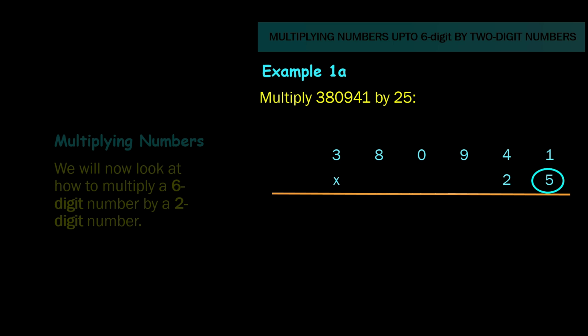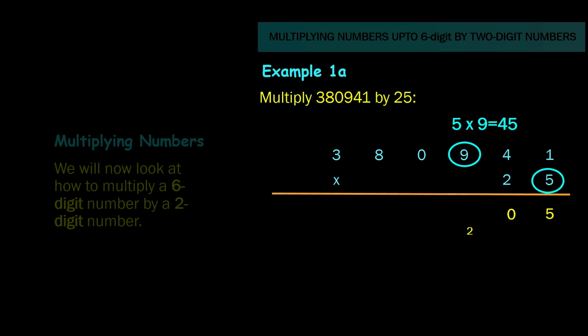Consider 5 first. 5 times 1 is 5. Position the answer in the same column as the 1. 5 times 4 is 20. Position the 0 in the same column as the 4 and carry the 2 over to the next column along. 5 times 9 is 45.